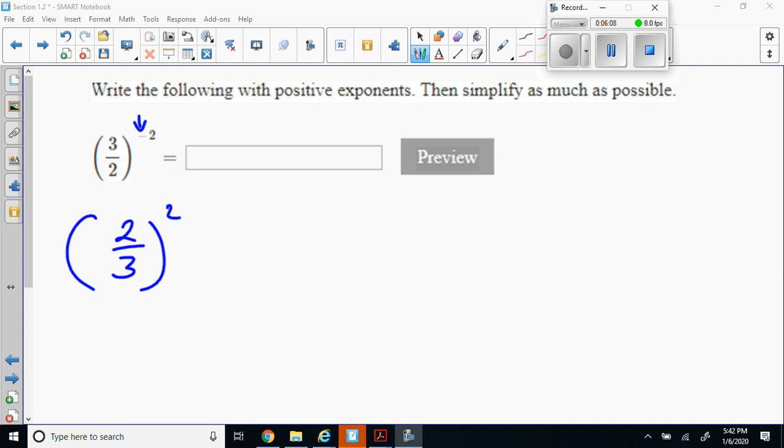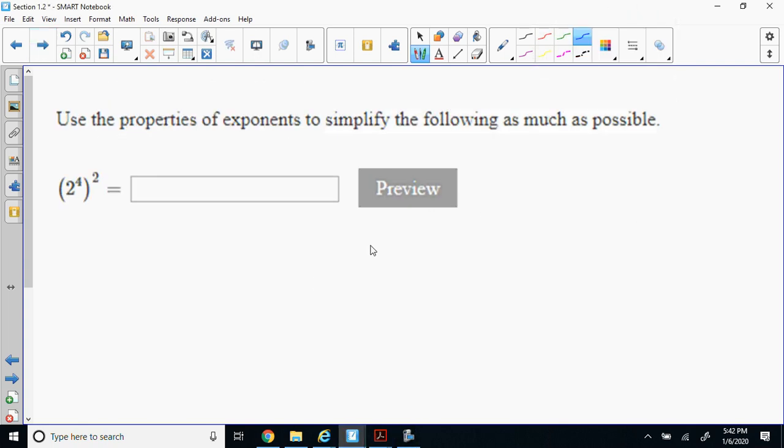It turns the -2 into +2. So it's 2 squared over 3 squared, which is 4 over 9. Can I simplify that? No. Any questions? Good.